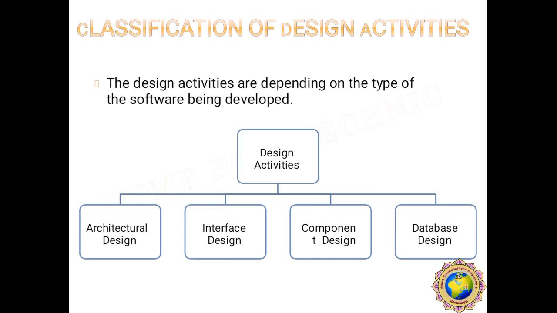First of all, design activities are classified as architecture design, second interface design, third component design, and fourth database design. So there are totally 4 types of design classified as design activities: architectural design, interface, component and database. These cover the concepts depending on the type of software being developed.